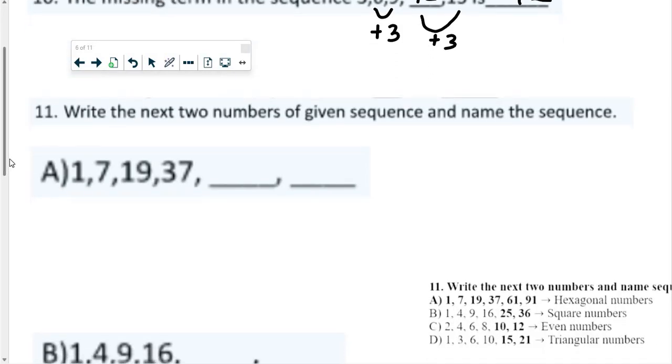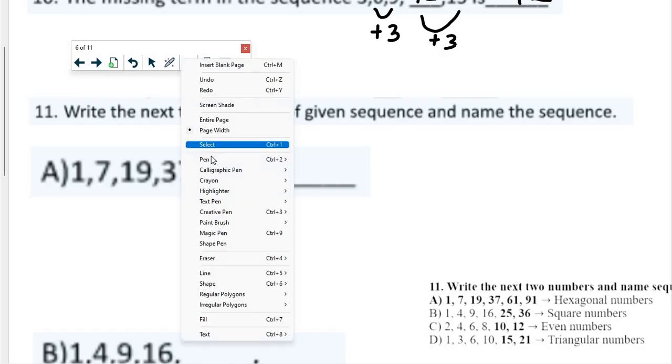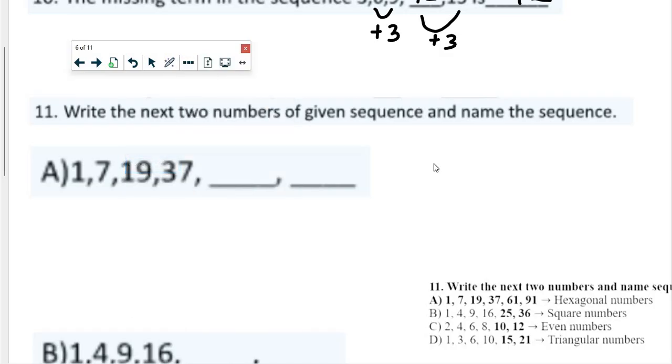Next question. Write the next two numbers of the given sequence and name the sequence. 1, 7, 19, 37. We have discussed this and we said that these are hexagonal numbers.